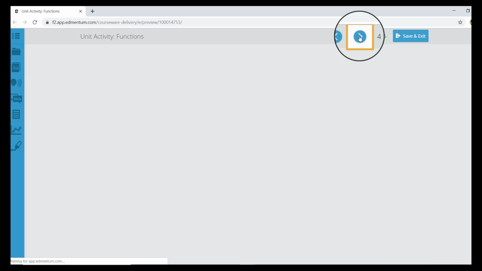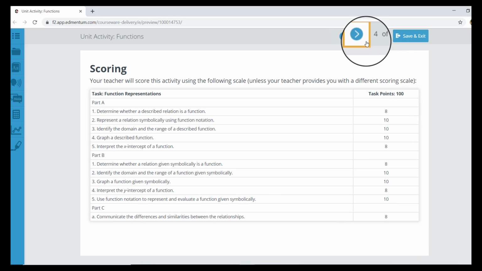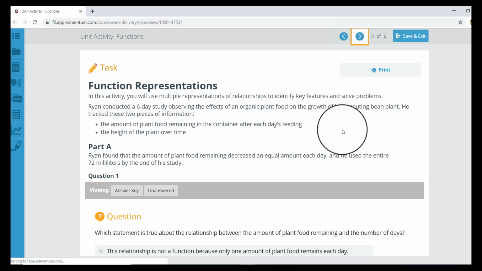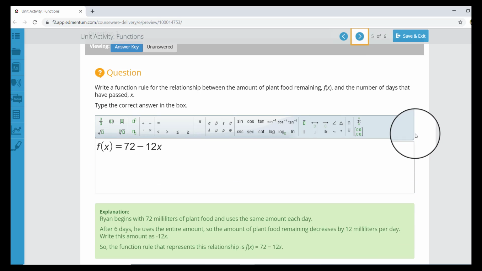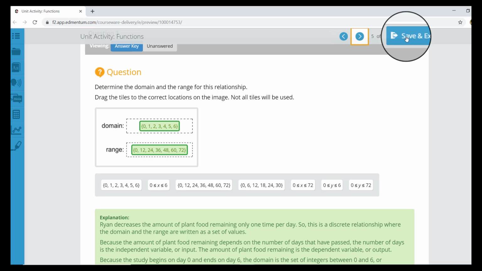There's an introduction and a scoring rubric. This is what you will use to score your students' work. In part A of this task, students will complete and interact with this unit activity through their computer screen. Once they are done filling out their answers, they will then click Save and Exit.